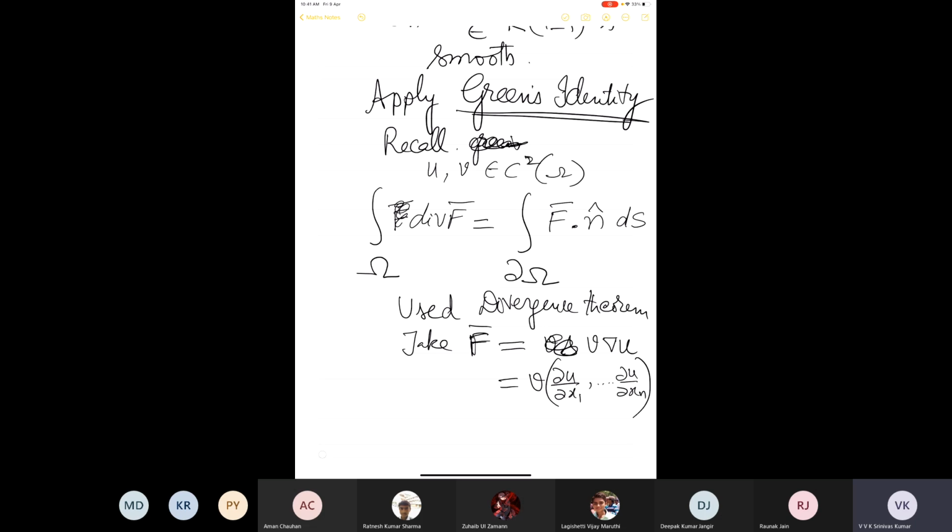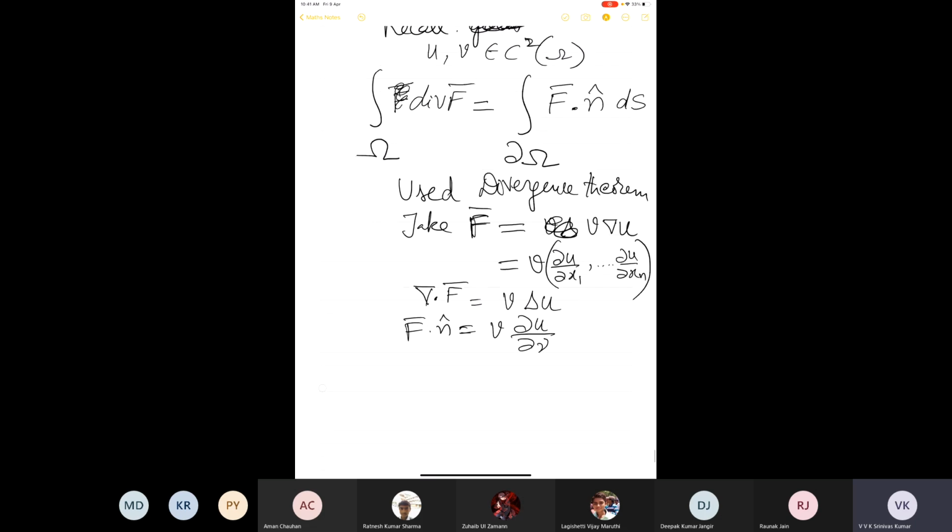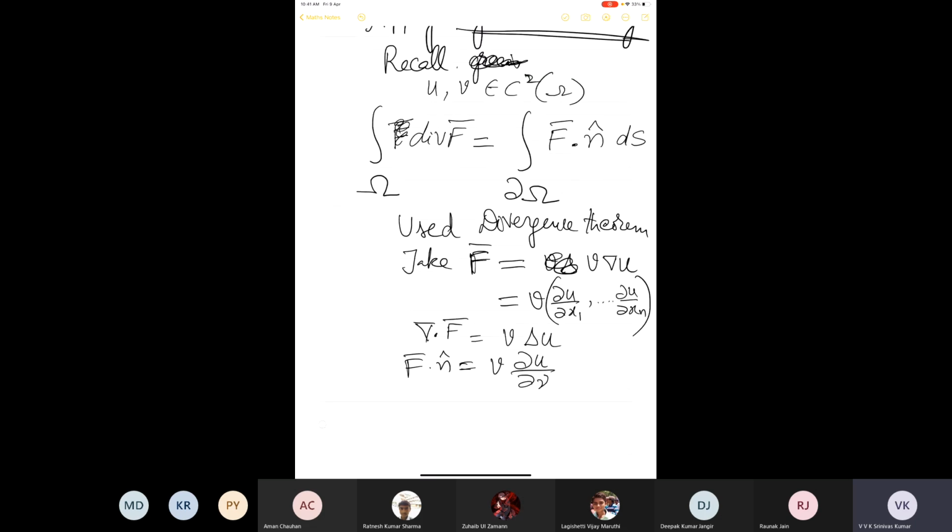That is del dot f bar, which will be v Laplacian of u. And f bar dot n cap will be v del u upon del nu, where nu is the outward normal vector.